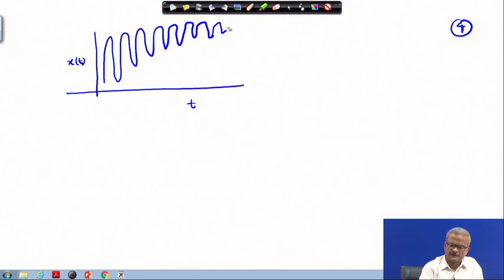So, this kind of system whose dynamics is looking like this, because of the faster dynamic excitation, you can average it out. You can look into the average dynamics. So, this is the technique we are going to apply, and this is called the averaging technique.